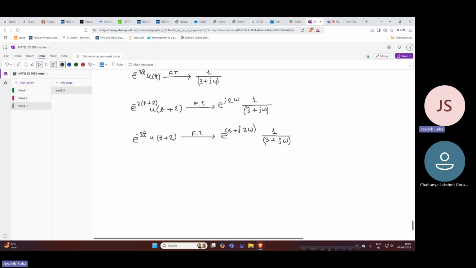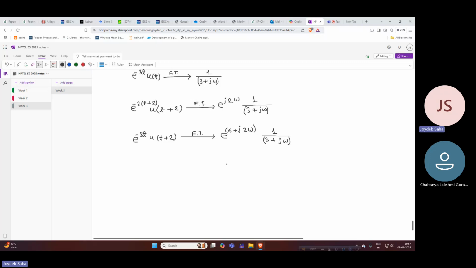So what we have written here, we will get e to the power minus 3t multiplied with e to the power minus 6. If we multiply both sides with e to the power plus 6, then we will get this, right?